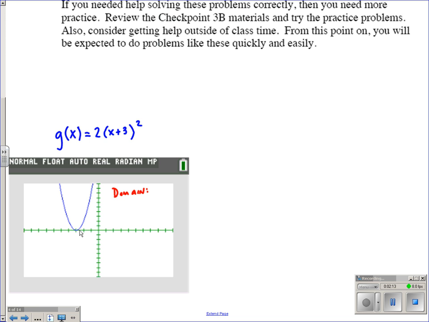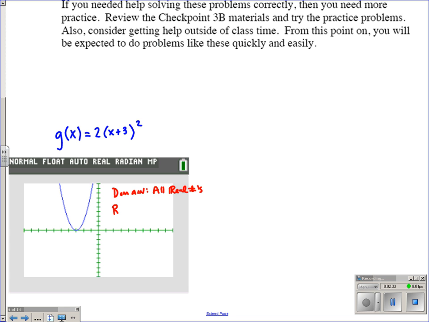It's going to be all our possible values or input values of x here, and that should be all real numbers. There are going to be no holes in this graph. It's going to continue left and right forever.